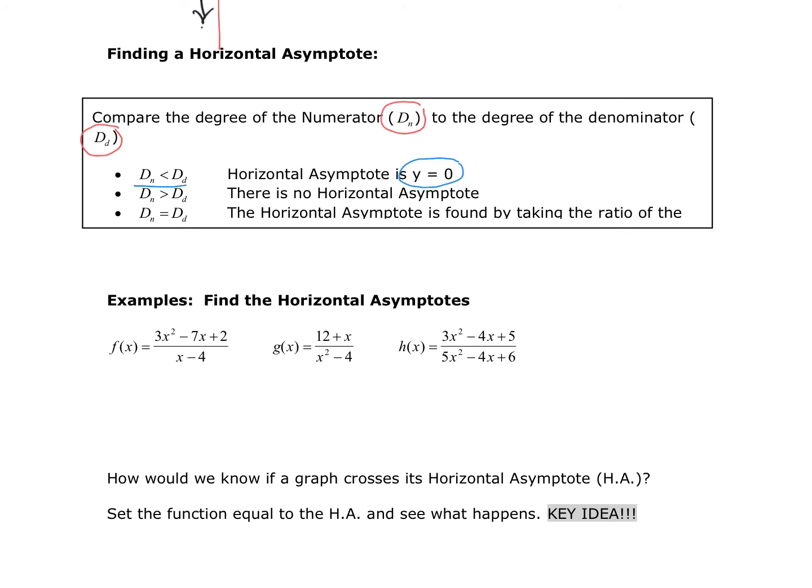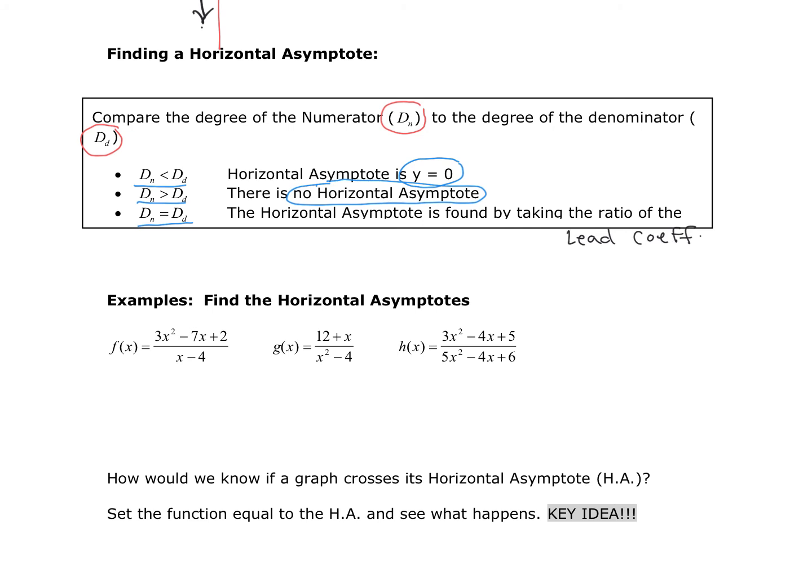If the degree of the numerator is bigger than the degree of the denominator, I call that being top-heavy, then there is no horizontal asymptote. And if the degrees are the same, then the horizontal asymptote is found by taking the ratio of the lead coefficients.